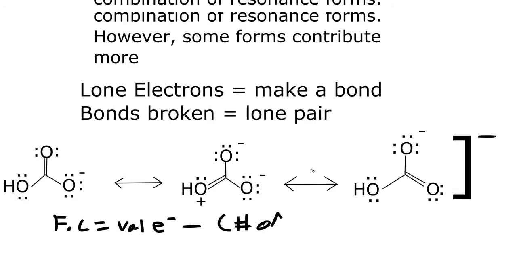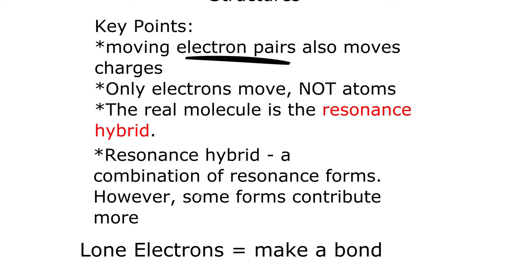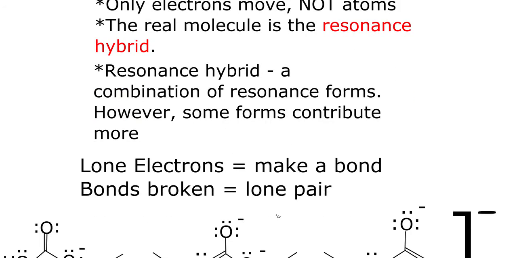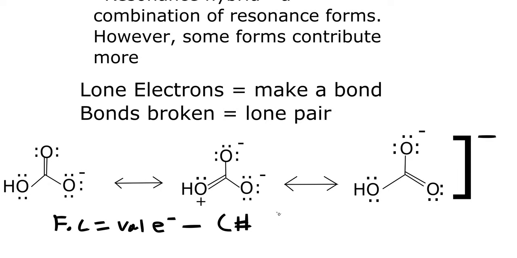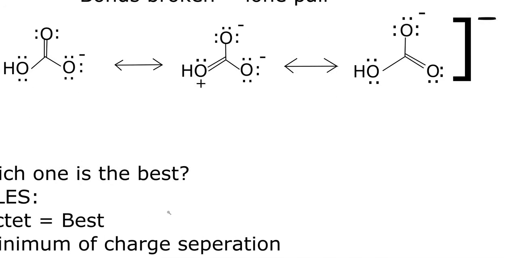But we must ask which one is a major resonance contributor, because it says some forms contribute more than others. So which one's the major? Well, let me clean this up. Okay. Which is the best?